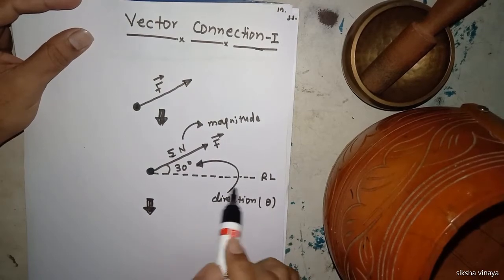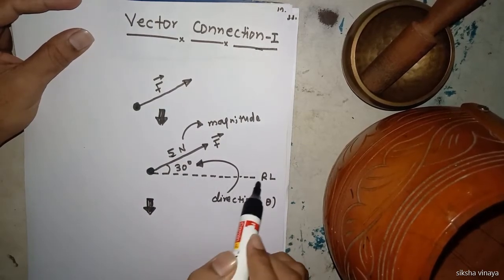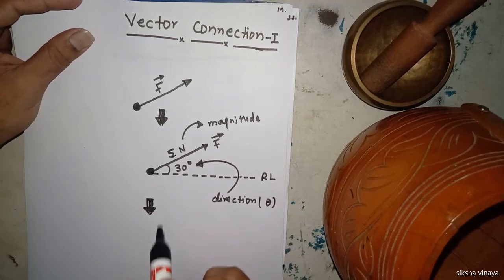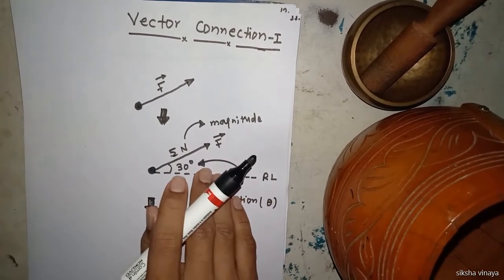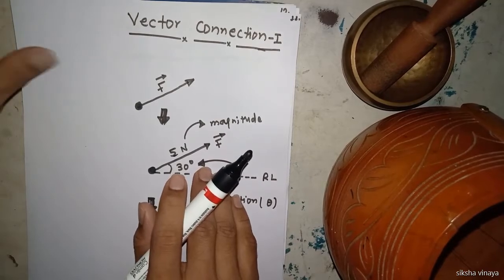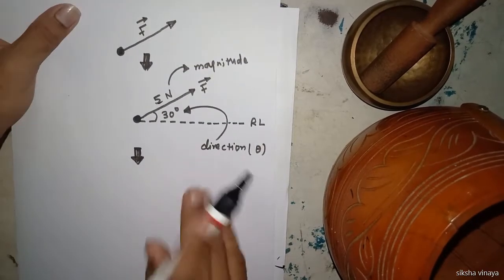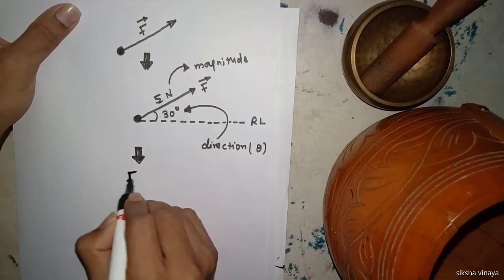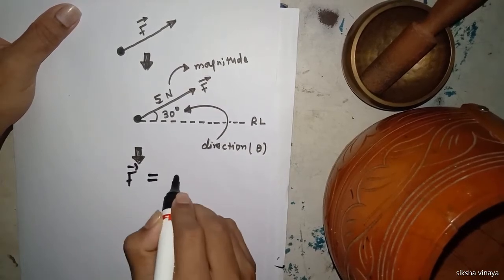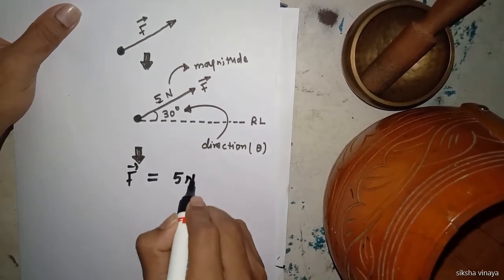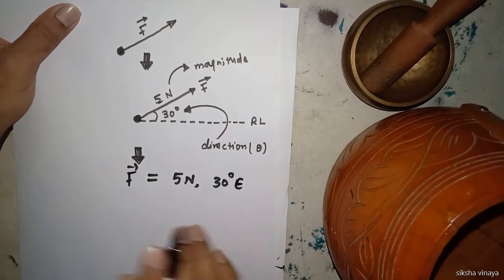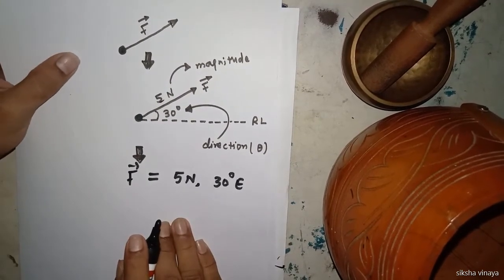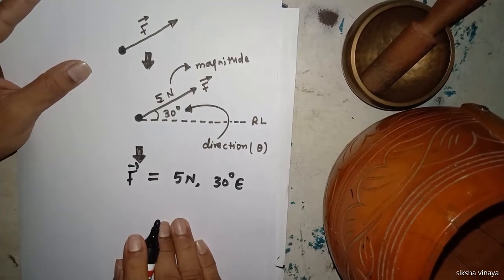Here I take the positive x-axis as the reference line, and the angle is 30 degrees. So this vector can be written as 5 Newton, 30 degrees east. Have you got my point?